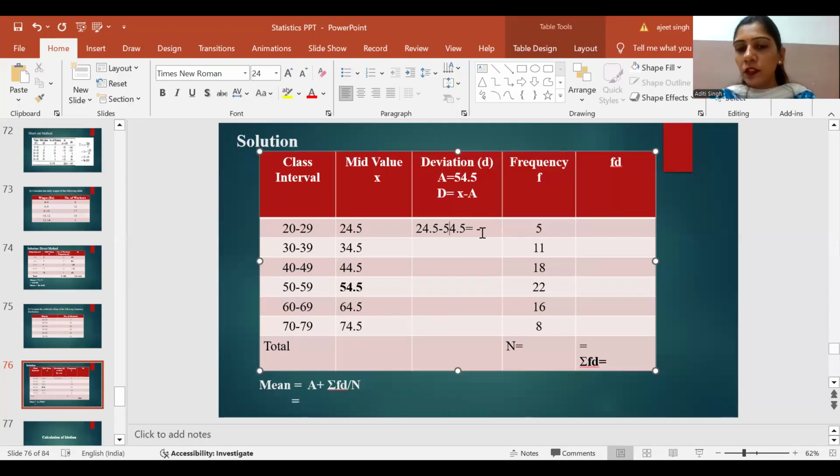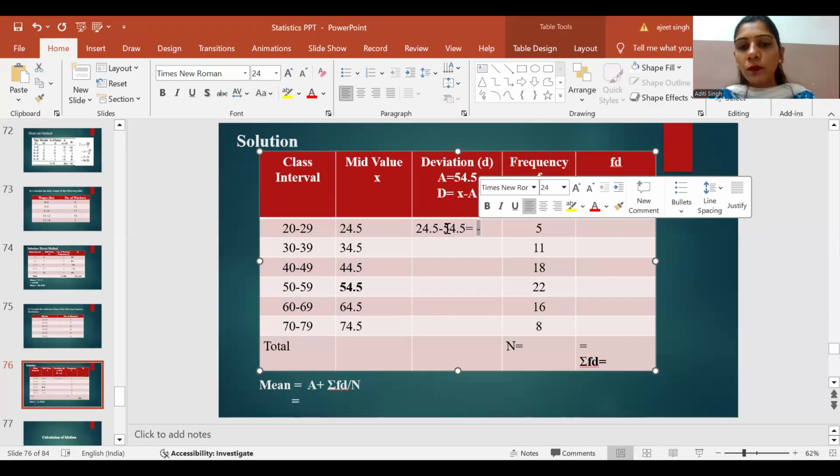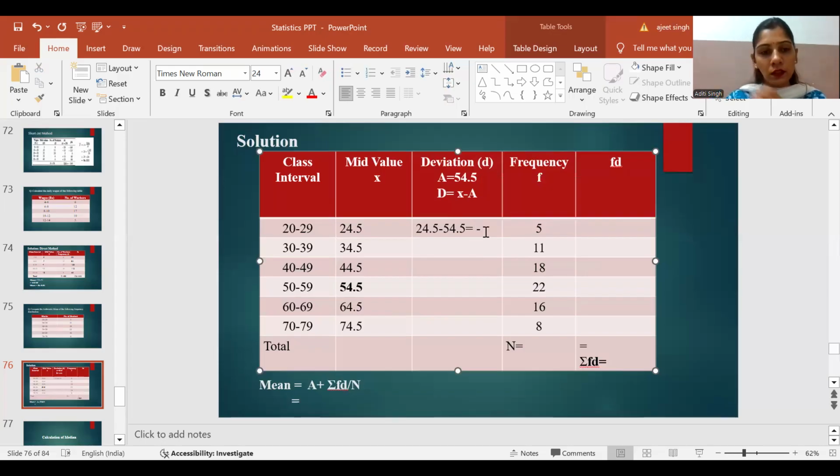The answer for this is negative, as your assumed mean value is larger than the x value. So what is the answer here? The answer will come as minus 30. Okay, so this is how we will calculate the value of d, which is deviation.